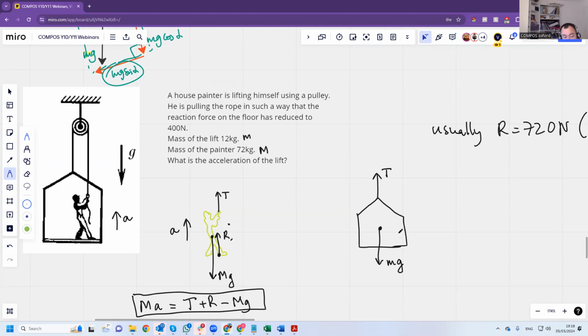And if you're the lift, what do you feel? You feel that there's a person standing and pushing you down. So there's a downwards force, which is equal to R, because we are considering the lift only.